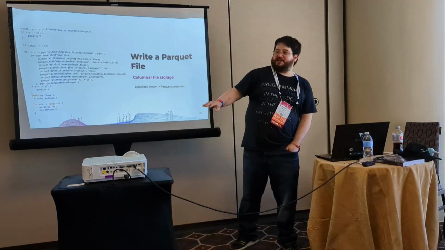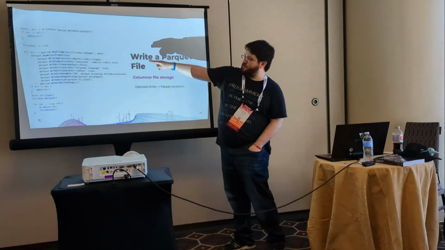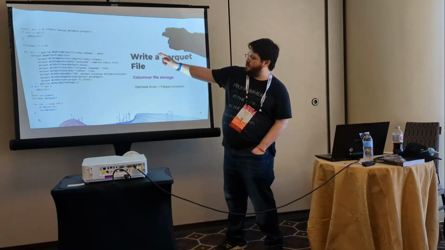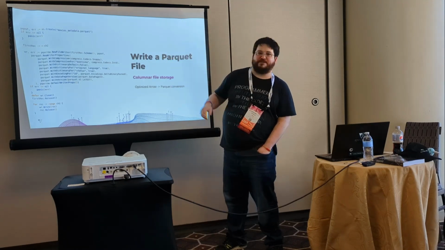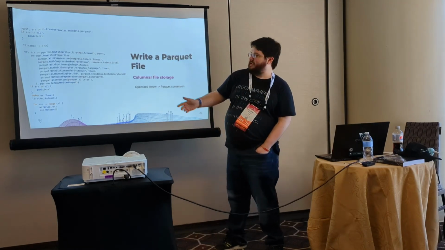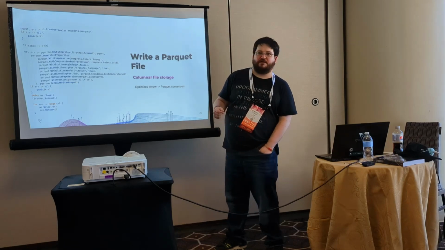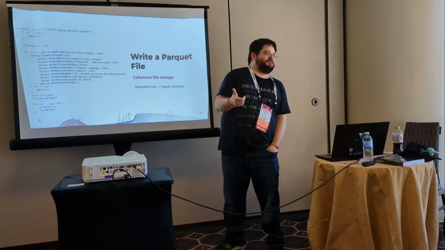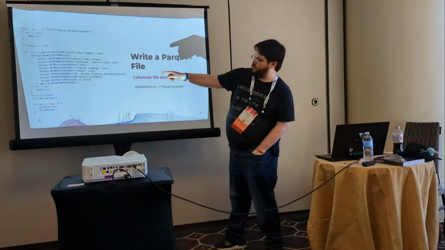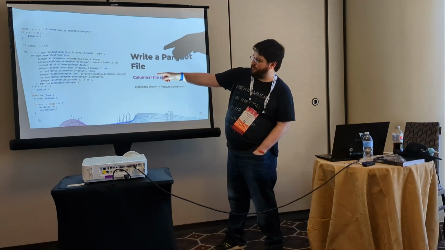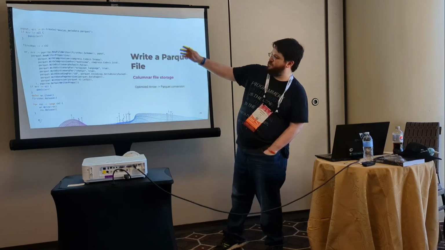Read the documentation, they're all there. But you can see here, I can set a default compression and then override that for one or more columns. I can set the default whether or not to use dictionary encoding and then override that for a column where I believe it might make sense to add dictionary encoding in the Parquet file. You can control the data page version, the Parquet version, so on and so forth.